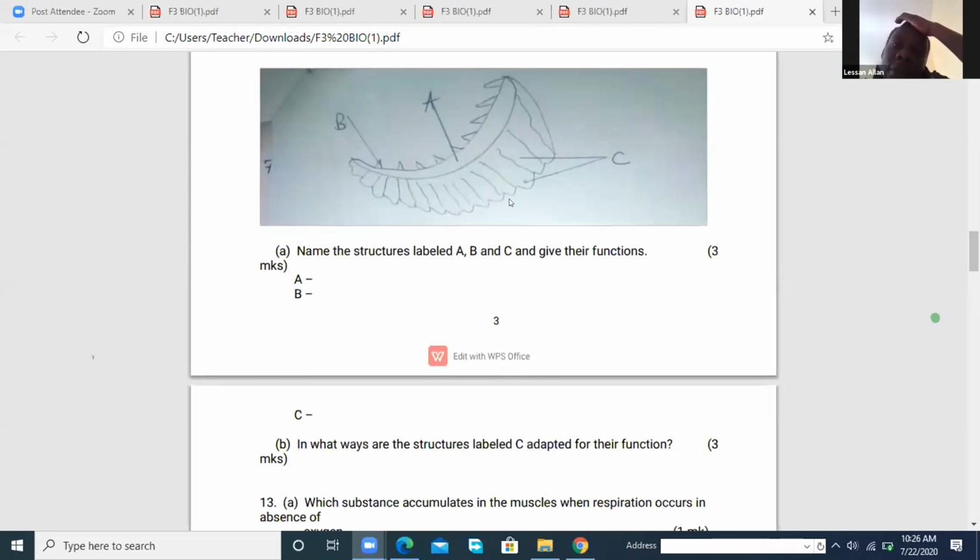They are also highly vascularized to increase the absorption of the gases. And they are also well ventilated.